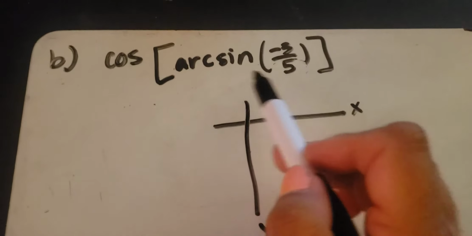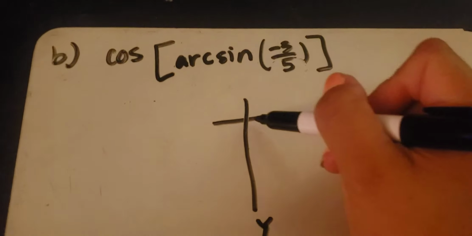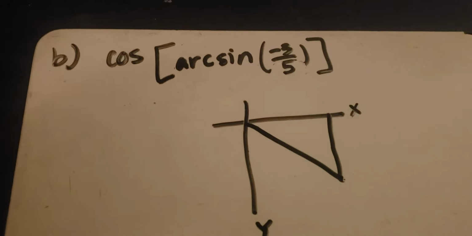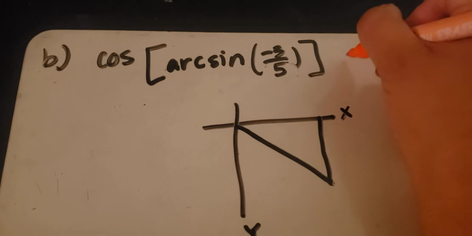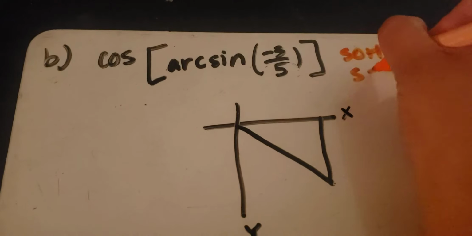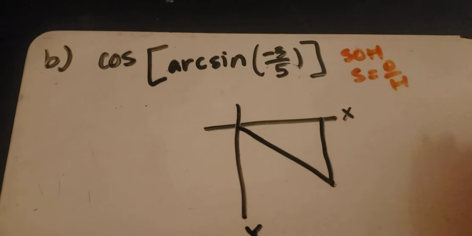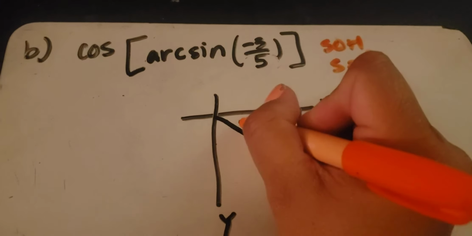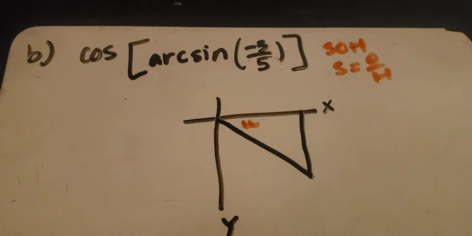Again, this is sine. So we're going to do the same thing. We're going to draw a triangle. And remember, sine is SOH, which means sine equals opposite over hypotenuse. Our angle will be here, and I'm going to continue to call our angle u.